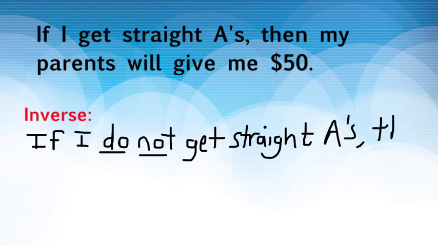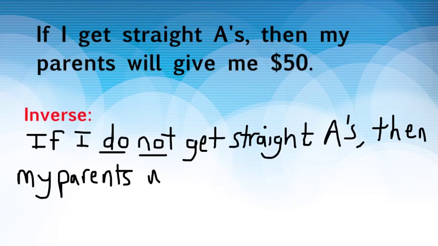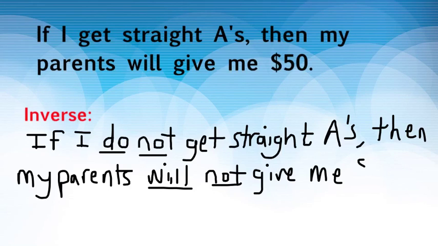So we'll put in then my parents will not give me $50. Okay, so this chapter obviously is a lot different. It doesn't even seem like math, but trust me, it relates. And once you see some of our postulates and theorems, it kind of makes sense as to why we're doing some of these things.